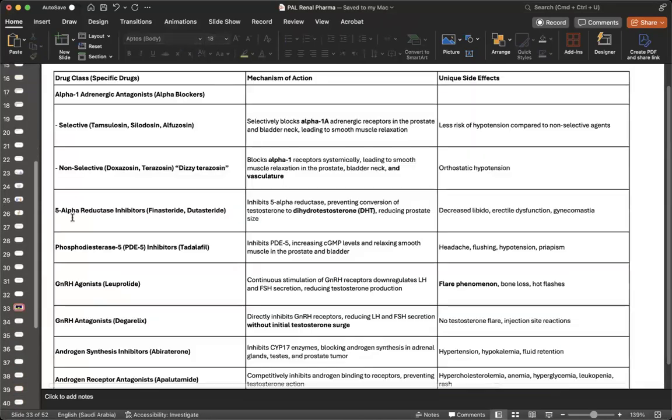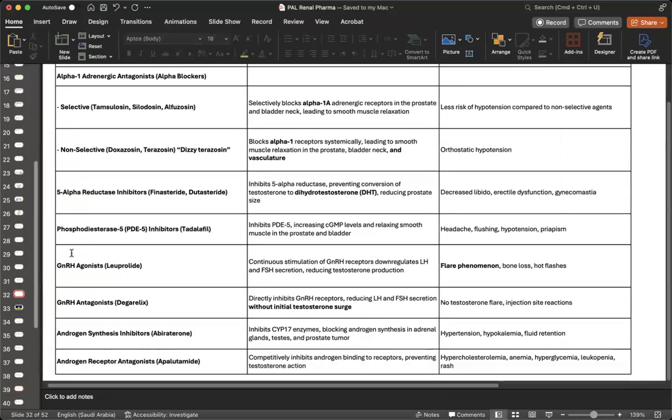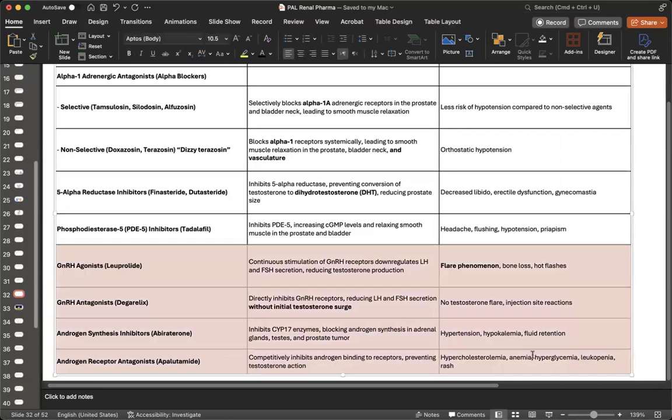Now let's move on to these drugs. These drugs are going to be for malignant diseases, like prostate cancer. Now, the pathophysiology of prostate cancer can sometimes be due to elevated hormonal levels like testosterone.